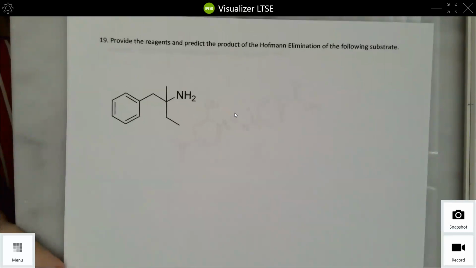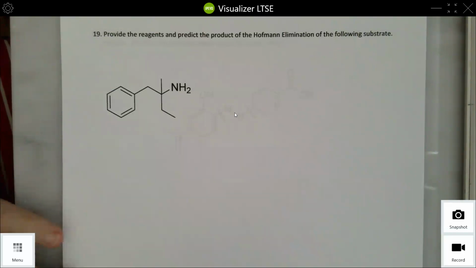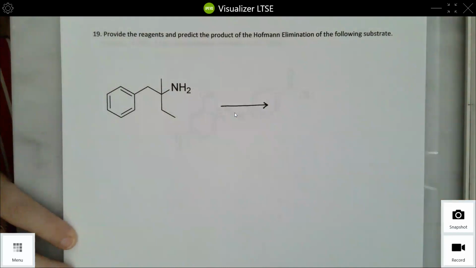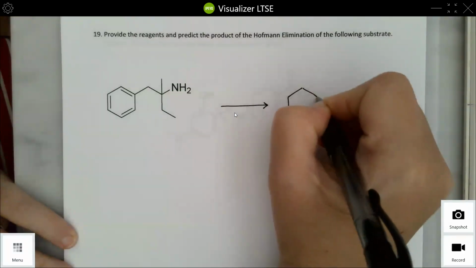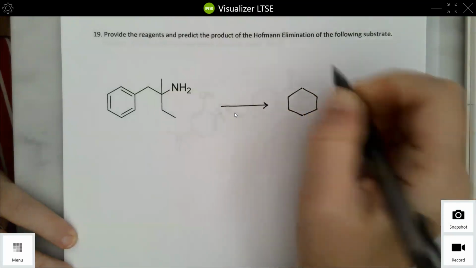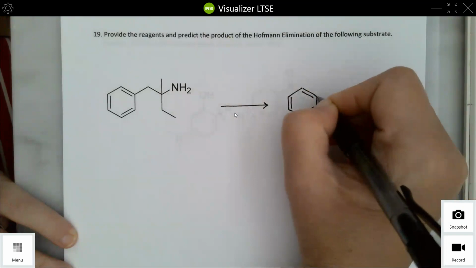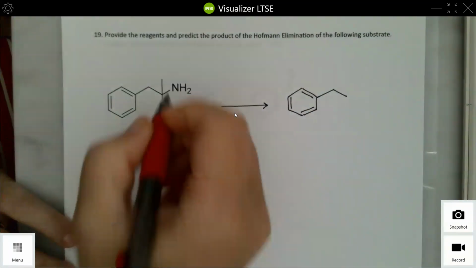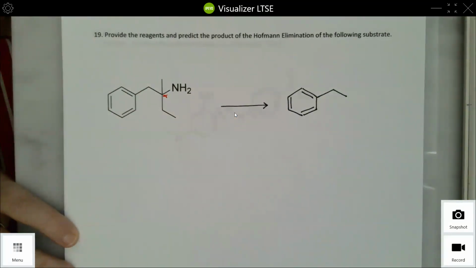Provide the reagents and predict the product of the Hofmann elimination of the following substrate. Okay, so Hofmann elimination is an elimination to form the Hofmann alkene, which is the less substituted, less stable alkene, right? So if we're looking at this, this is the alpha carbon for the amine, so it's the carbon attached to the nitrogen.